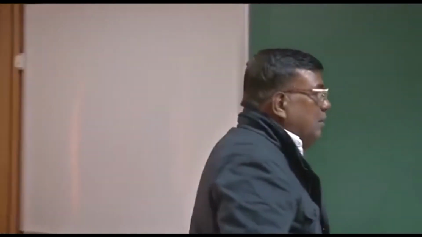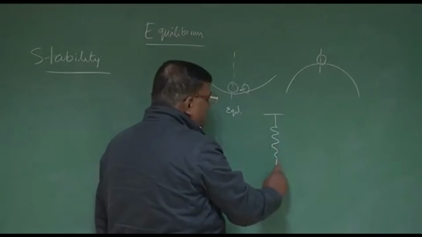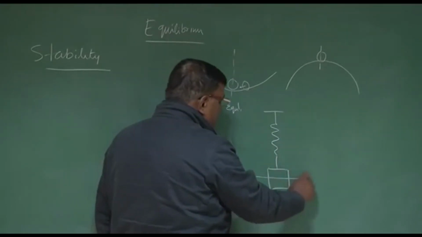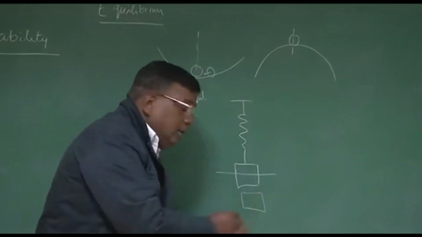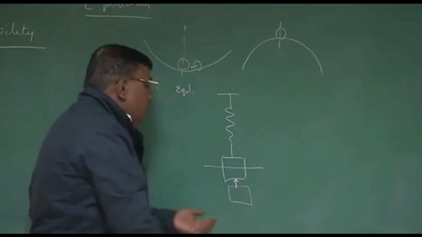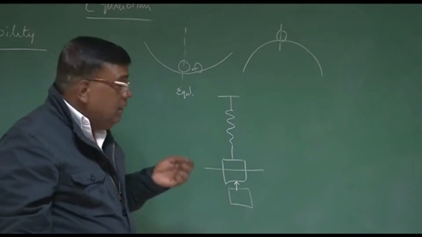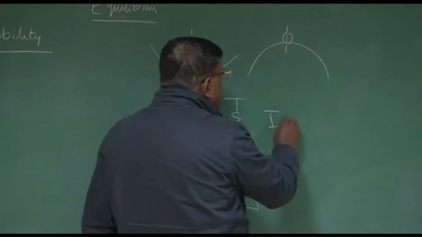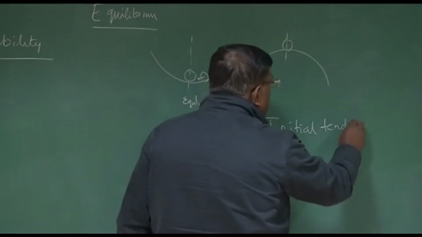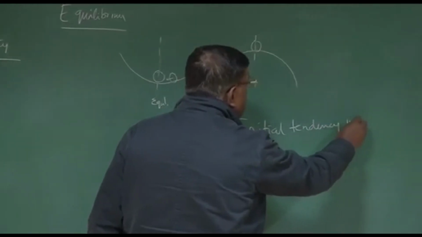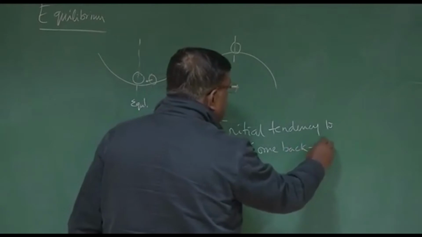For example, if again we revise, if there is a mass spring system, and if I stretch it and release it, the moment I stretch it, there is a force trying to restore, so it has an initial tendency. The key word is initial tendency to come back to equilibrium, okay?